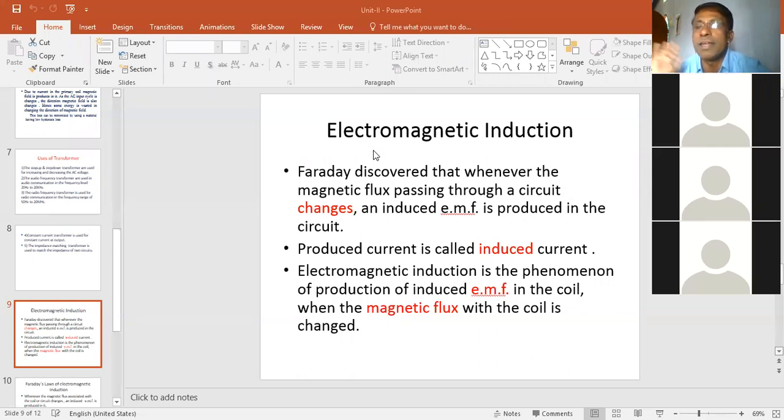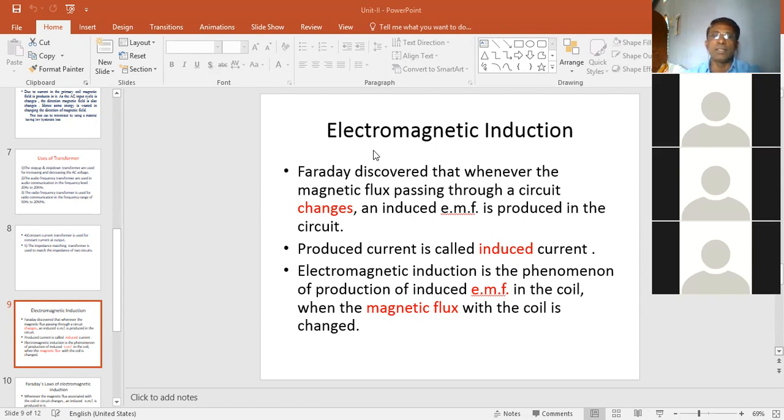If the magnetic flux is constant, then there is no induction. Magnetic flux is associated with the magnetic field. Okay. So whenever the magnetic lines of force, that is the flux, change in the closed circuit, the EMF is produced in the circuit. The produced current is called the induced current.